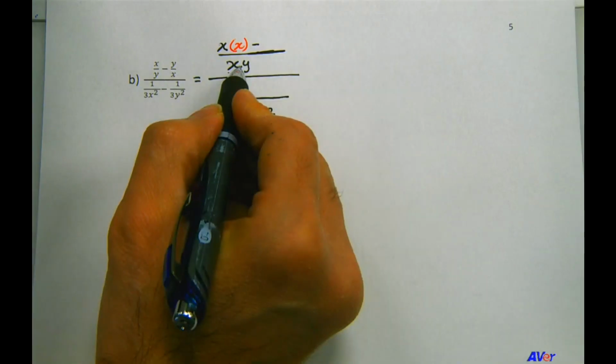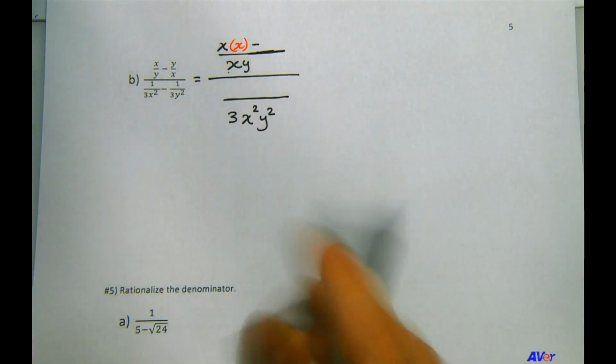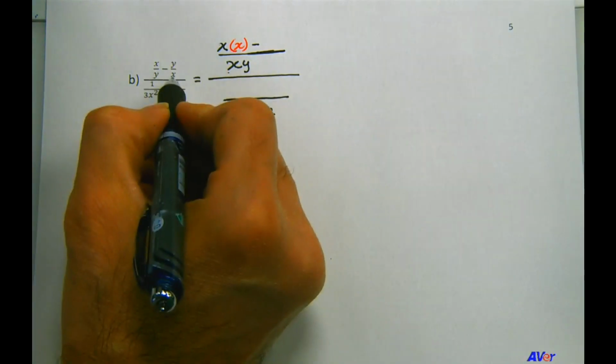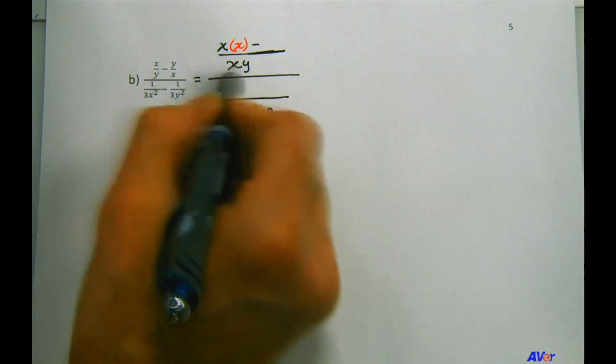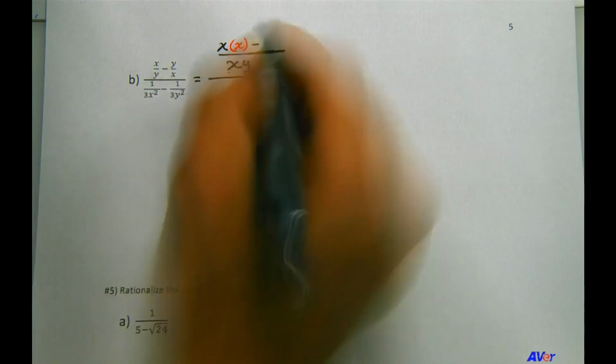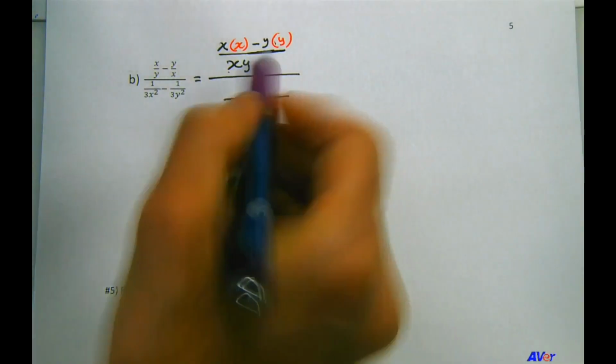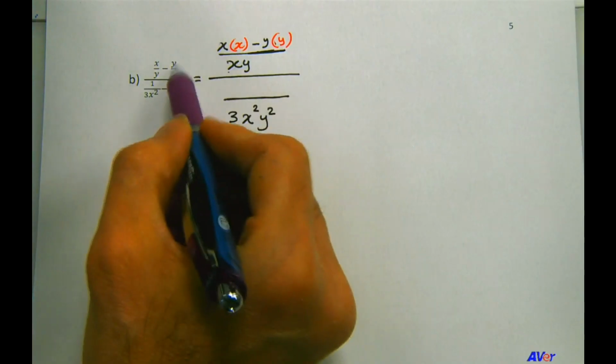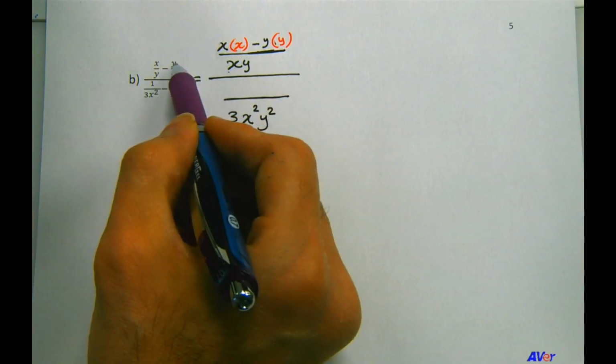Compare this common denominator with this denominator, x. What's missing from it? Y. Multiply minus y by y. There. The red indicates the missing pieces from the denominator, which we now multiply the numerator by.